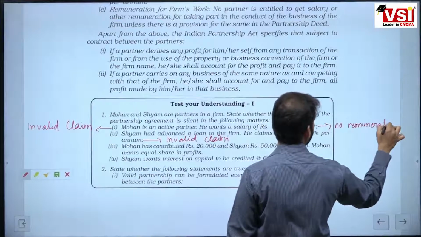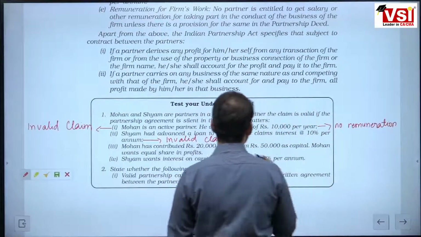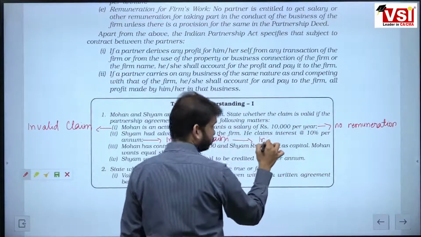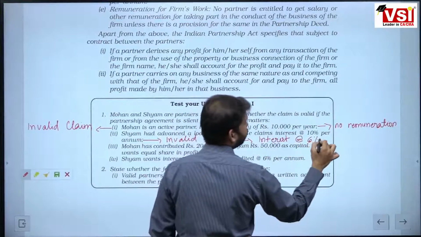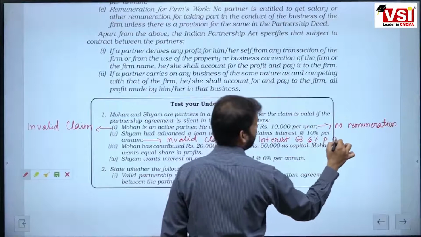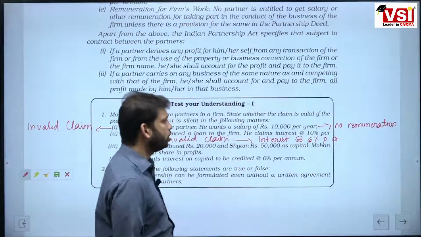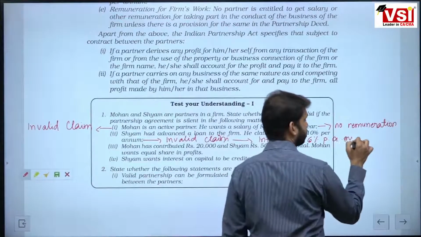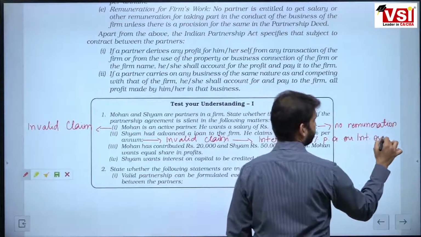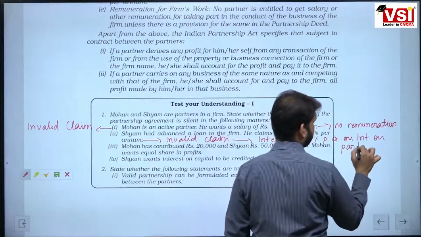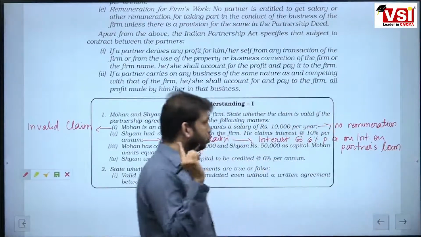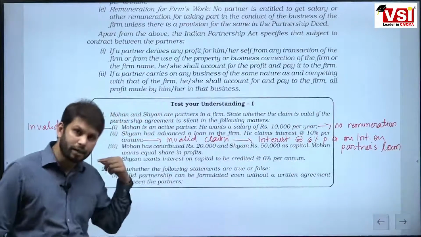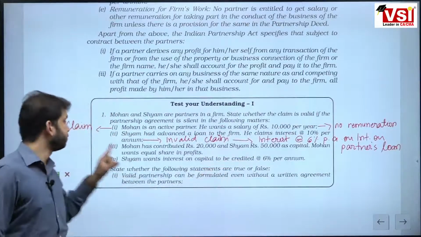Interest will be given only at the rate of 6% per annum on partner's loan. Do remember, this loan is given by the partner to the firm.